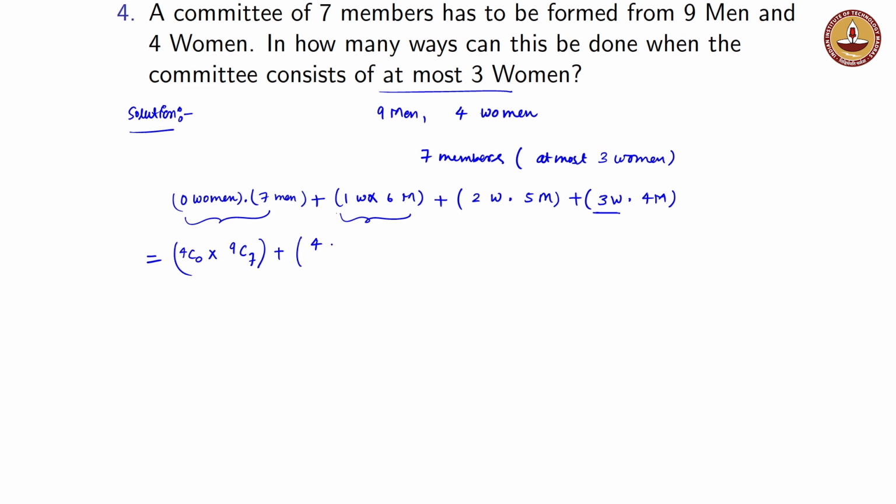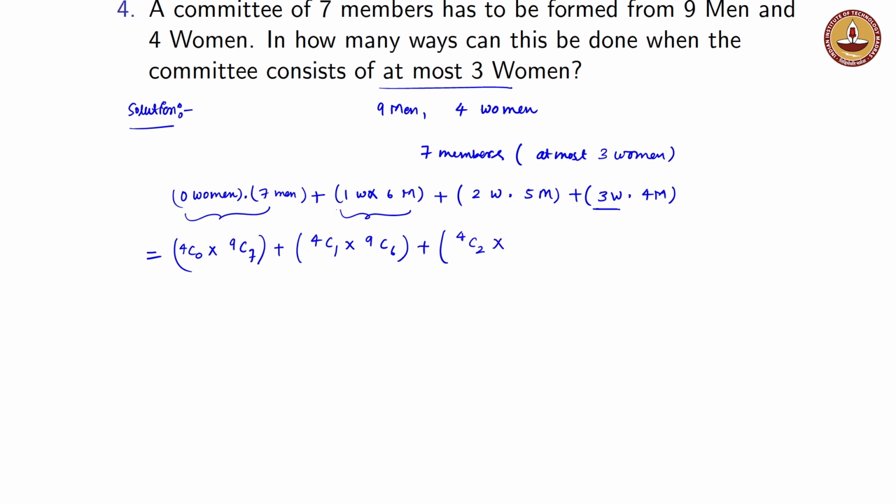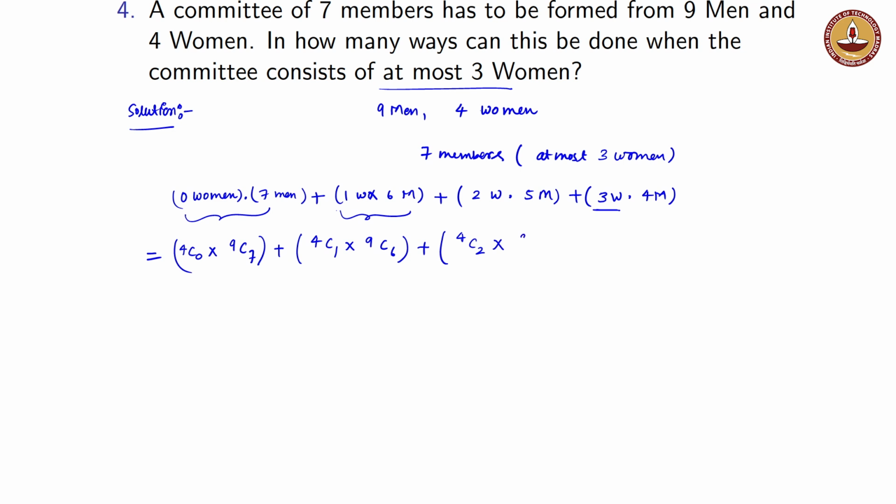Because there are total 4 women, 4C1, and for men it will be 9C6, plus 2 women I can choose out of 4 in 4C2 ways, into men I can choose out of 9 in 9C5 ways, plus 3 women I can choose out of 4 in 4C3 ways, and 4 men I can choose in 9C4 ways.